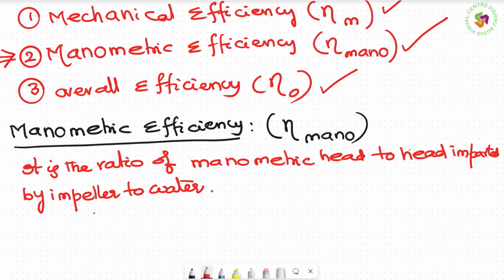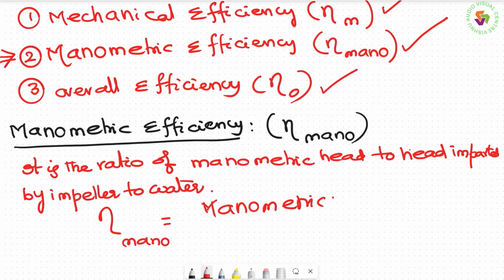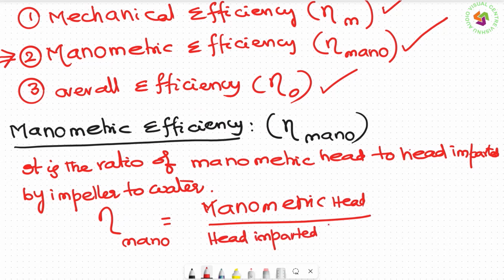So if I write it, manometric efficiency is equal to, once again we will write manometric head, manometric head divided by head imparted by impeller to water.